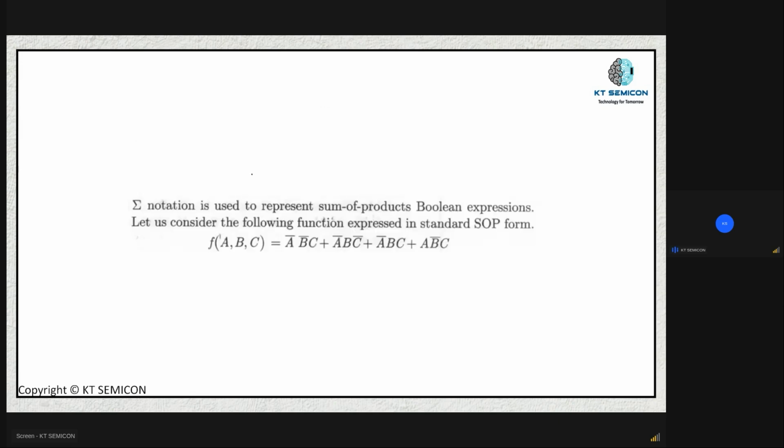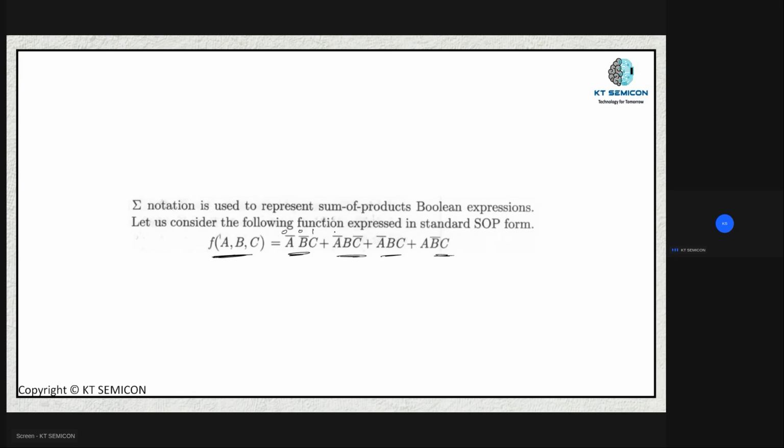Next, we have something known as sigma notation. Let's say f(a, b, c) is a'b'c + a'bc' + a'bc + ab'c. Now, this is my SOP form of representation. If I want to take the minterms from this expression, I write 0, 0, 1, because 0 is represented with complement.